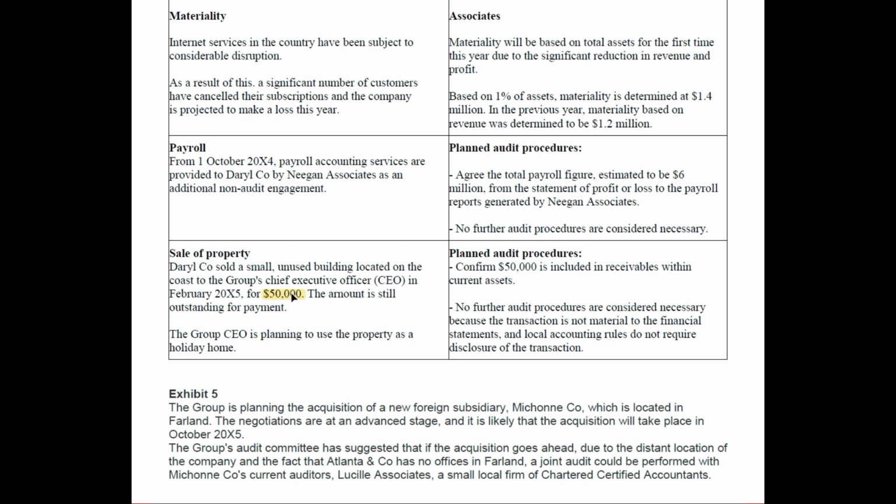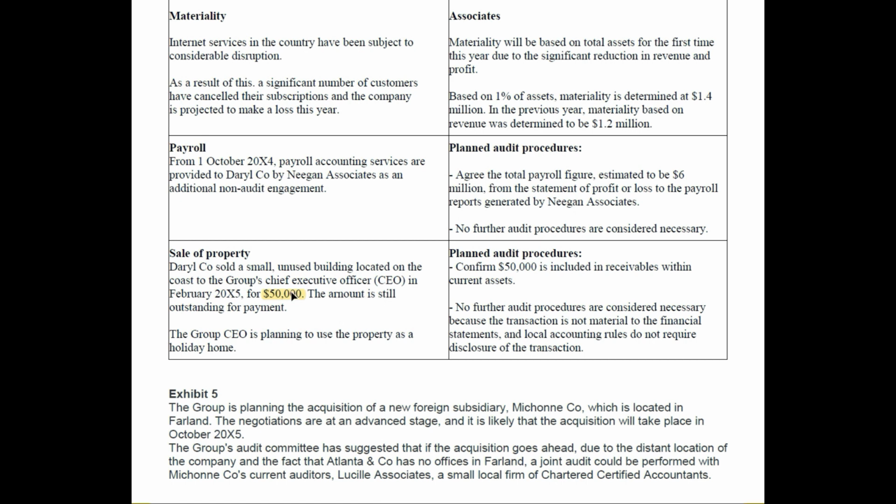So what we can do is draft a point in which we can take the management's determination of the profit or loss on the sale of property, and whether it has been recorded in the financial statements or not, right?